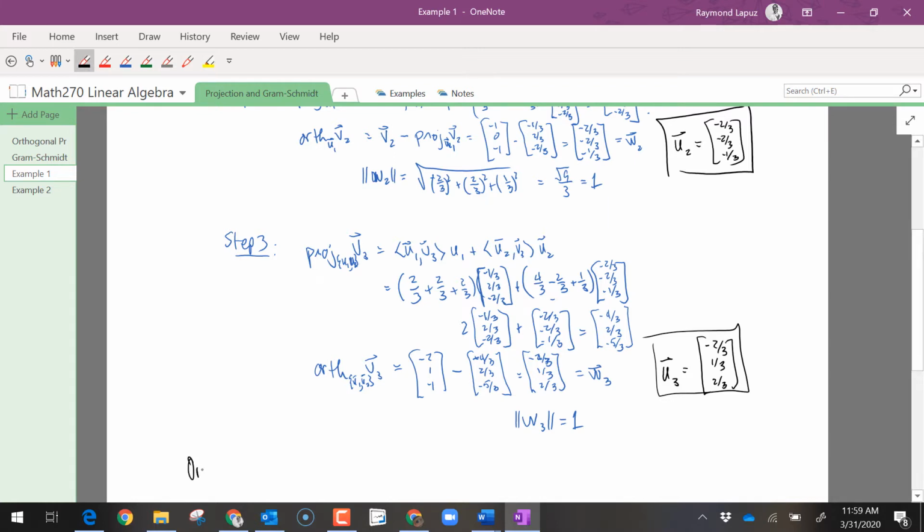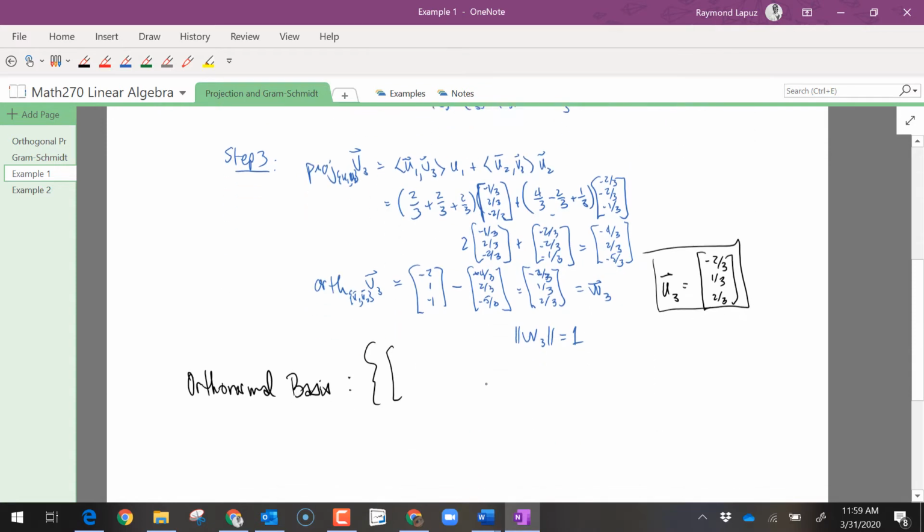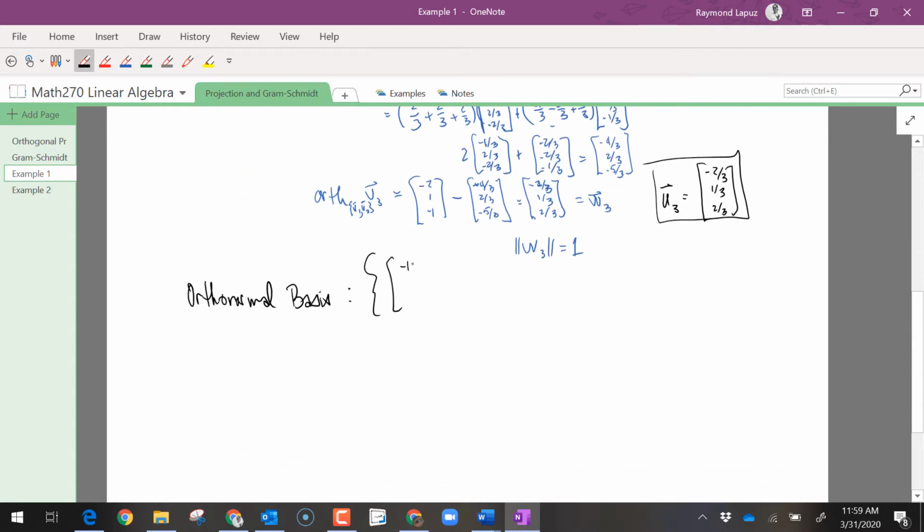So the orthonormal basis is going to be given by our u1, which is minus 1 third, 2 thirds, negative 2 thirds.